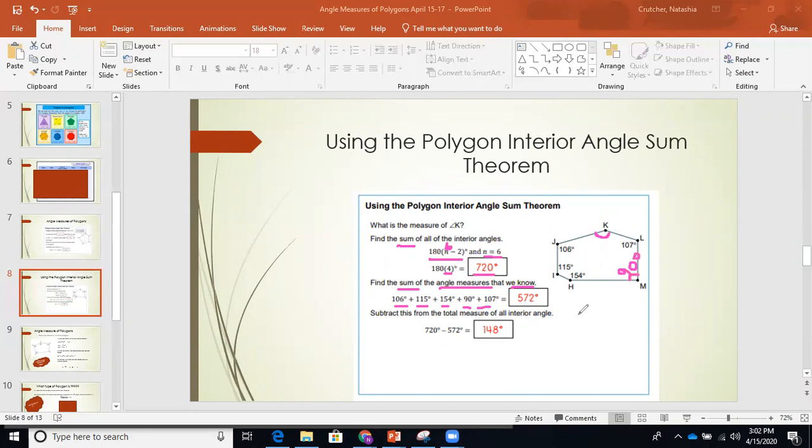If we add all of those up, that's 572. Step 3 is to subtract: 720 minus 572, which tells us that angle K is 148 degrees. All right, moving on.